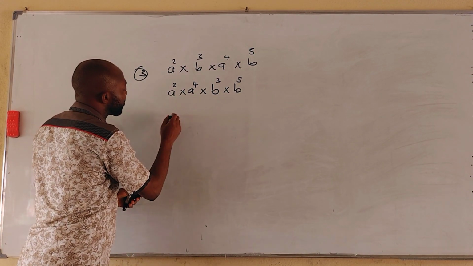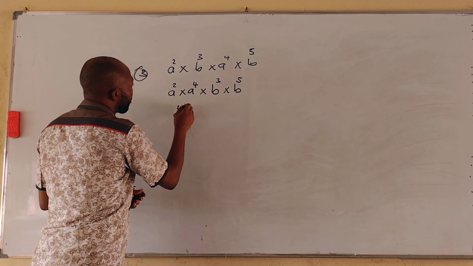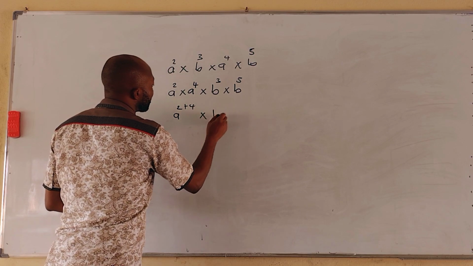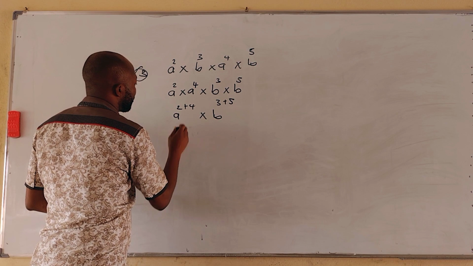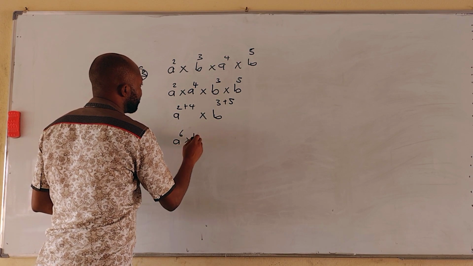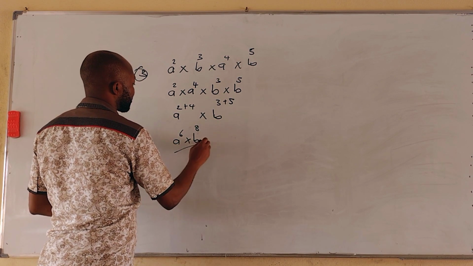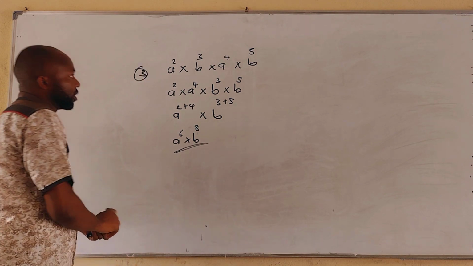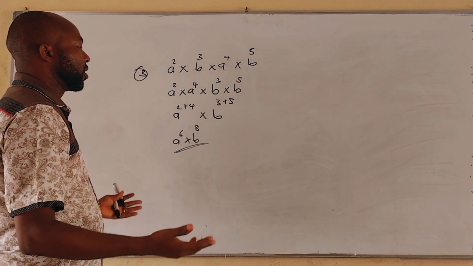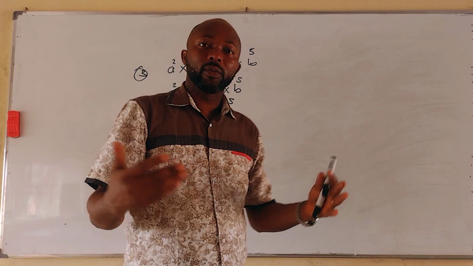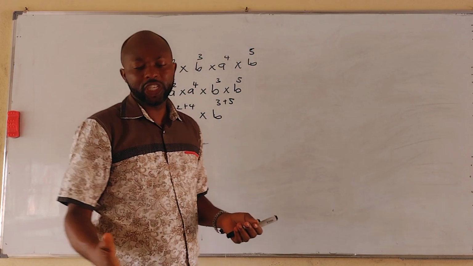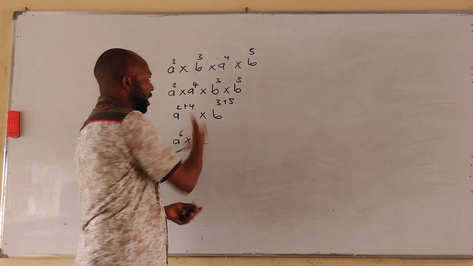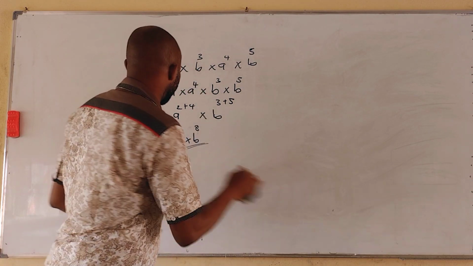So here I will have a raised to the power 2 plus 4 times b raised to the power 3 plus 5, and this is a raised to the power 6 times b raised to the power 8. So this is it. This falls under the multiplication law. So if I want to take a real variable that has real numbers, let's see what that becomes.